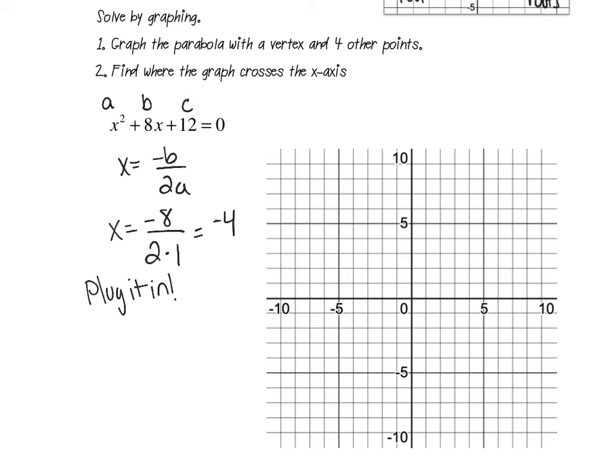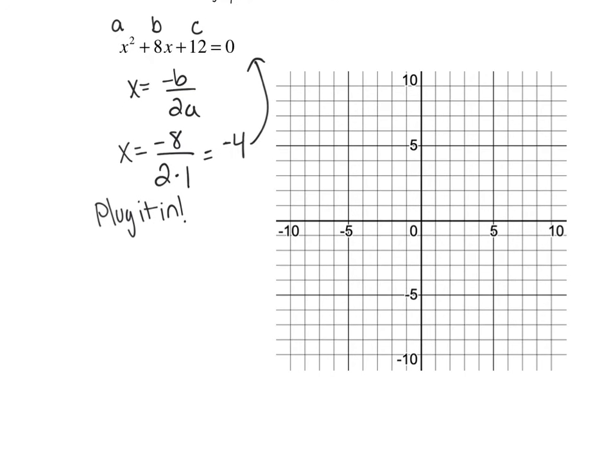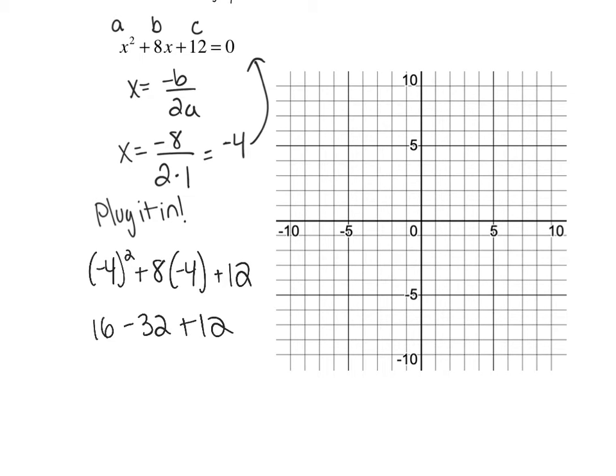So we're going to plug it back into the equation. x is negative 4 now. Let me give myself some room here. Since x is negative 4, I'm going to plug it back in. I've got negative 4 squared plus 8 times negative 4 plus 12. Okay, negative 4 squared is 16, and 8 times negative 4 is negative 32, plus 12.